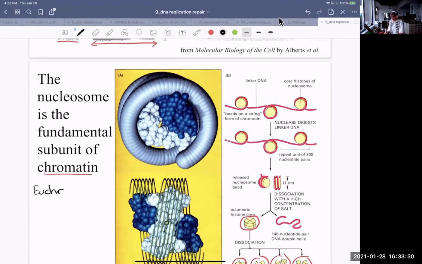There's euchromatin, which is highly compacted, but it is easily expanded to facilitate expression.